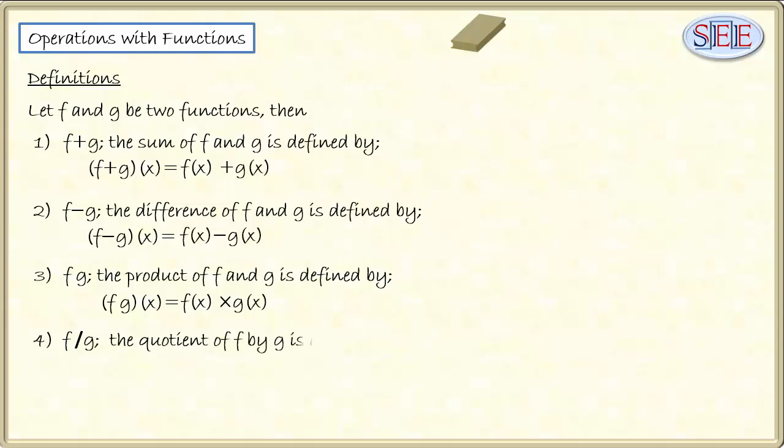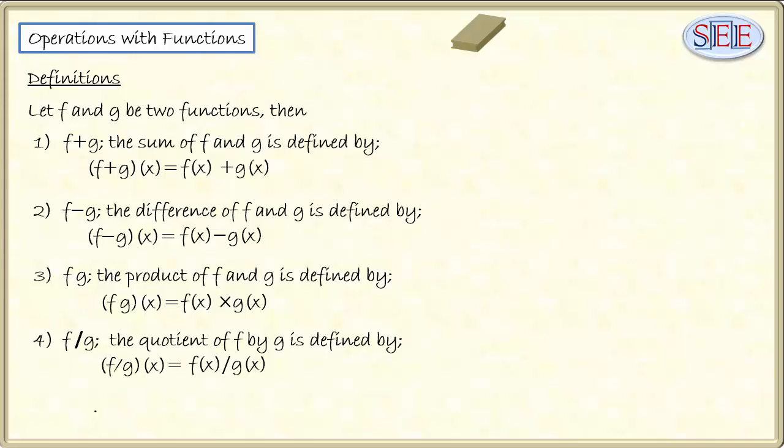And finally number four: f divided by g, meaning the quotient of f and g, is defined by f over g of x equals f of x divided by g of x.